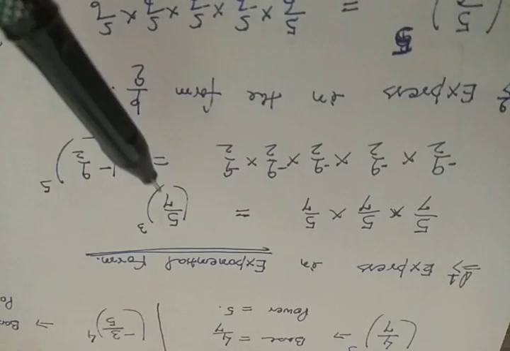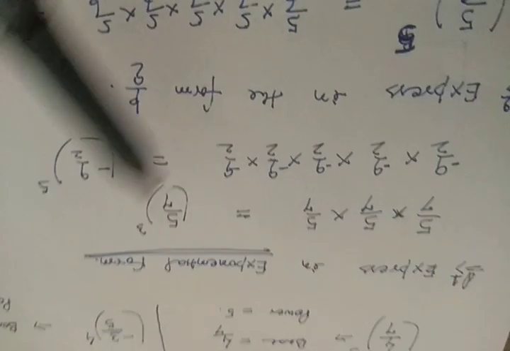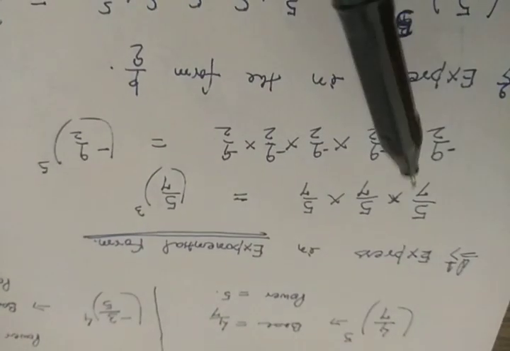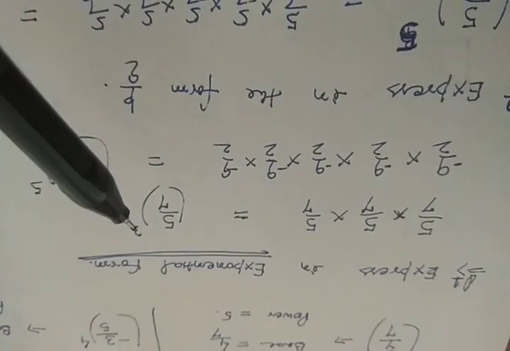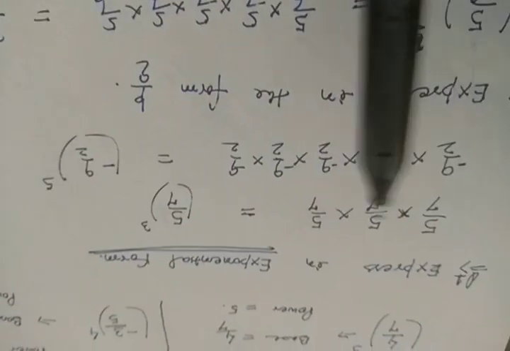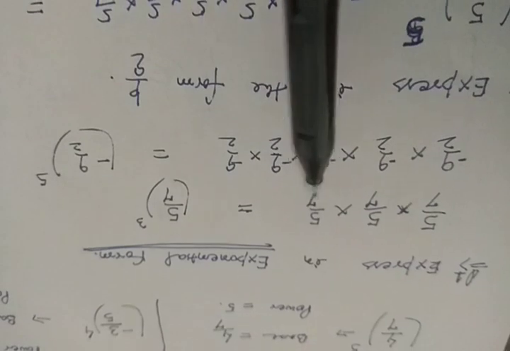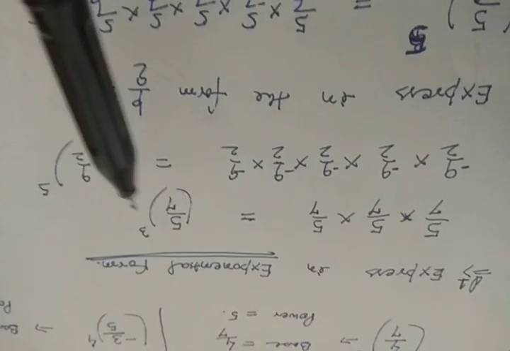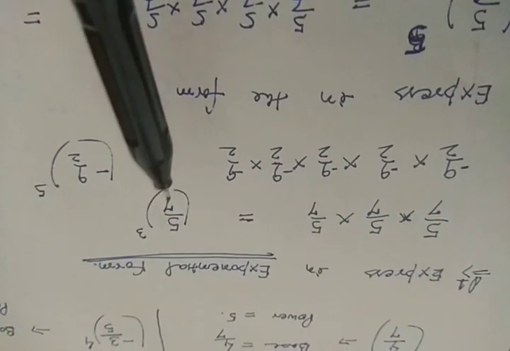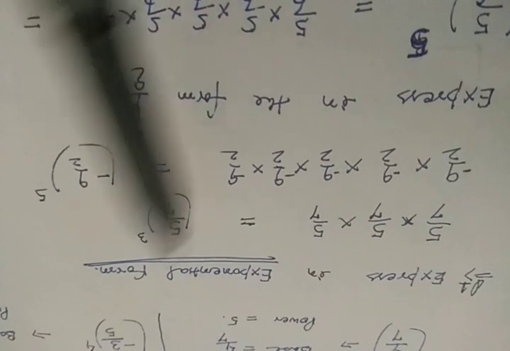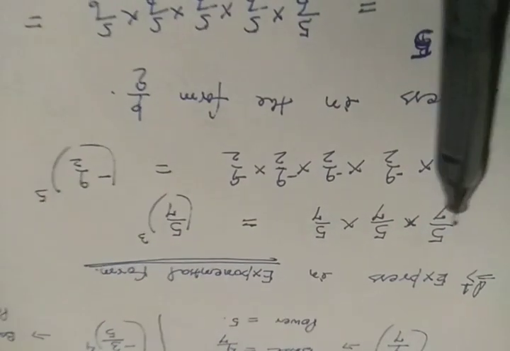Simply write down 5 by 7 and see how many times it has come: 1, 2 and 3. So power becomes 3. Is it clear? Once again, observe that 5 by 7 is written 3 times. So we will write 5 by 7 in brackets to the power 3.